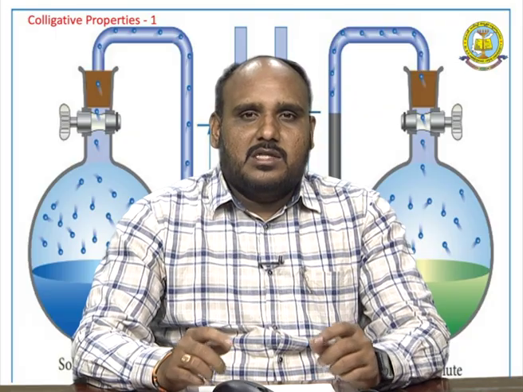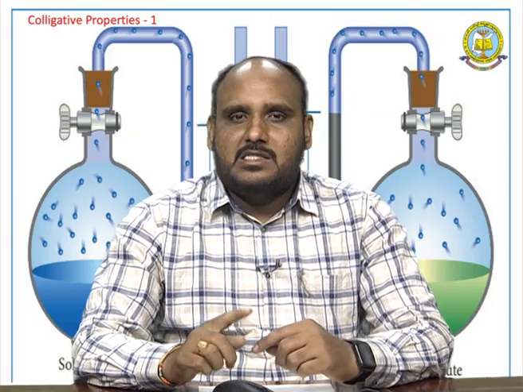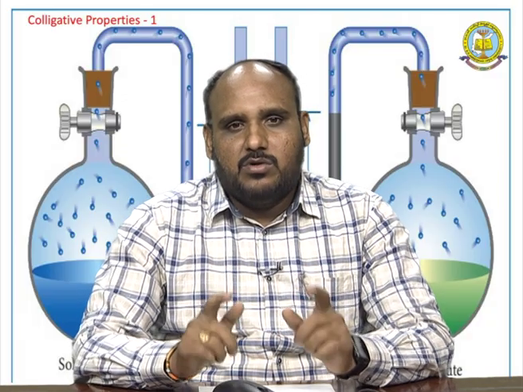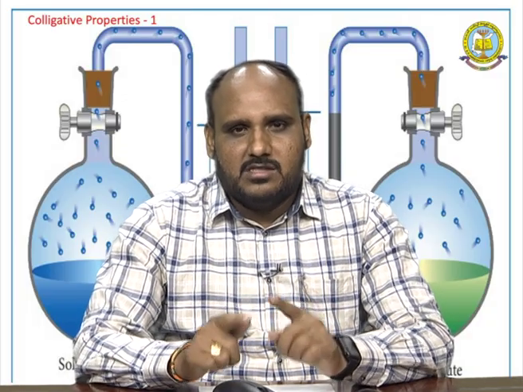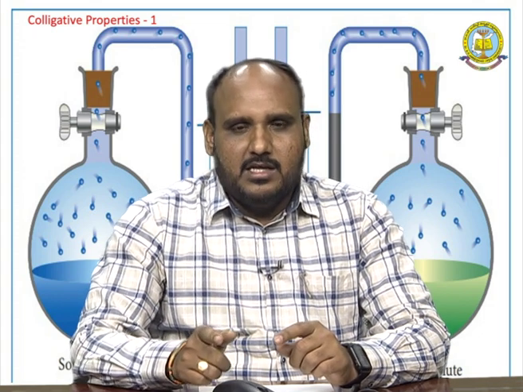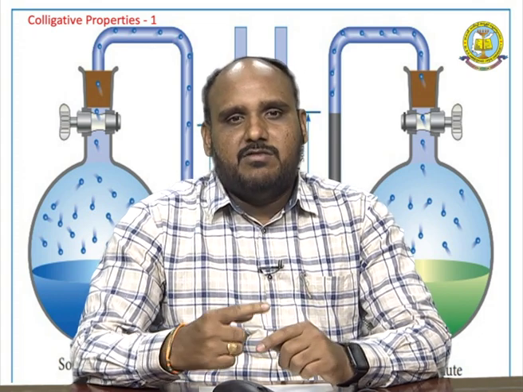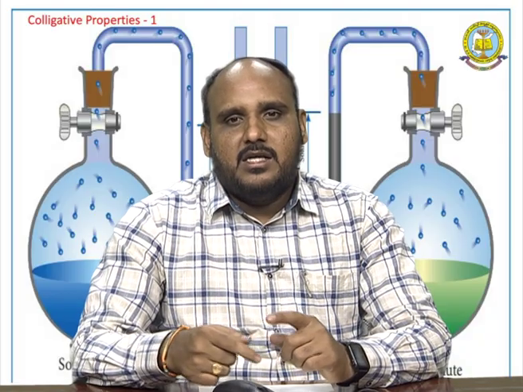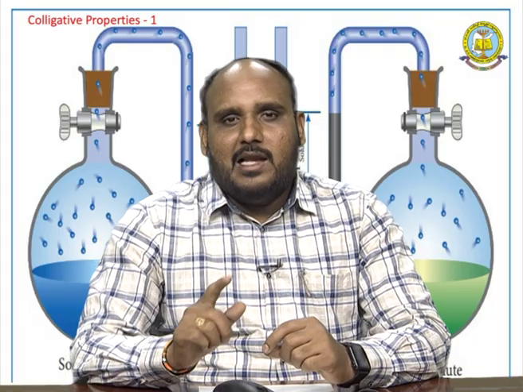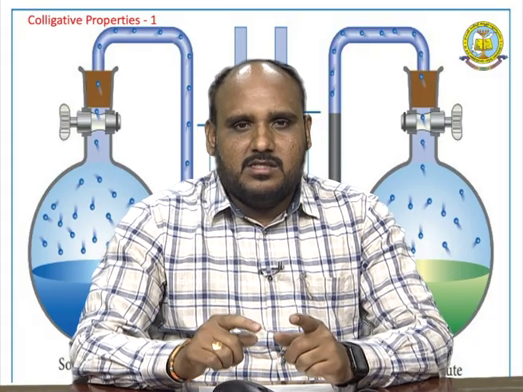And also the elevation of boiling point is related to the molecular weight of the solute, how much amount of solute will be added to the solvent which forms a solution. With respect to that, we can get a relation between delta TB and molality of the solution. Molality of the solution we already discussed.